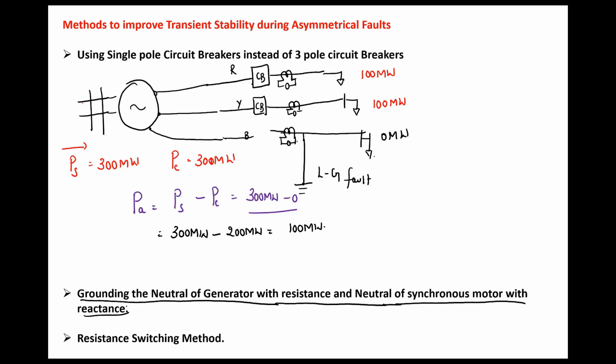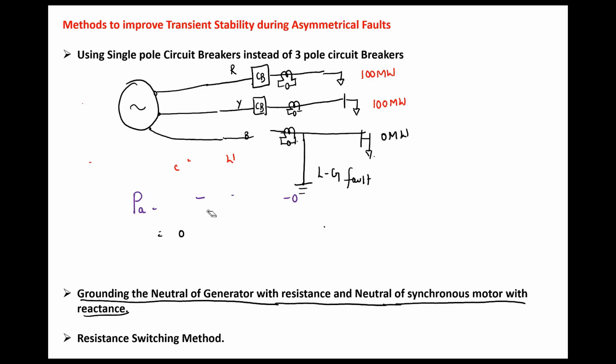Okay. This also can be explained in the same diagram. Just bear with me. Now, if I ground the neutral point of the alternator with a resistance, let us call this resistance Rn.